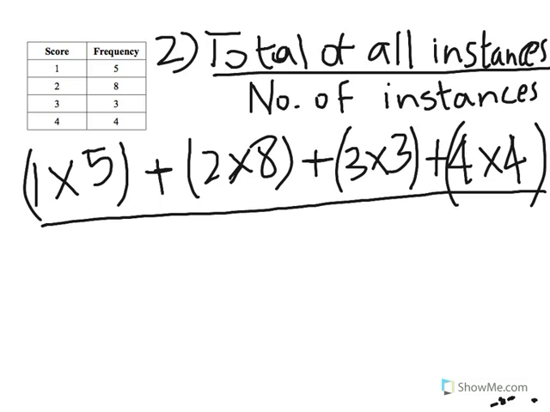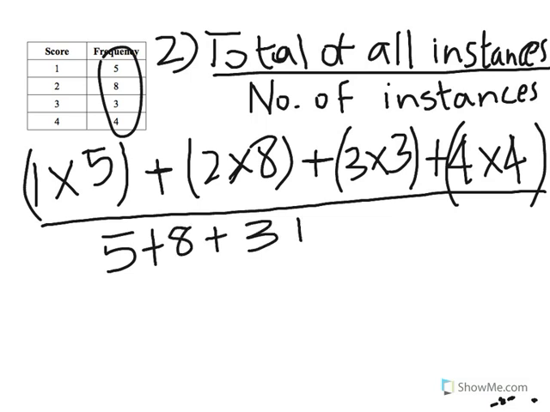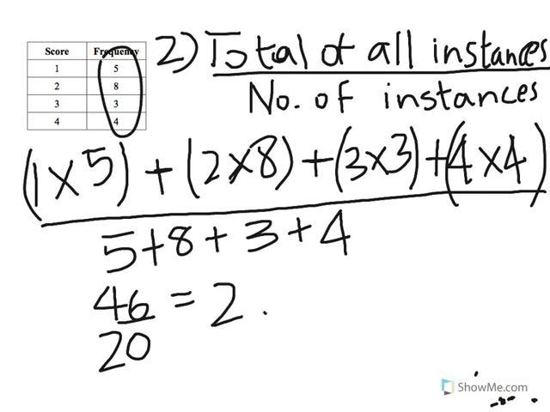And we divide that by the total number of times each score occurs. So what is that? That's nothing but the frequency table. So adding all the frequencies, we get 5 plus 8 plus 3 plus 4. Okay, so simplifying this, we get 46 over 20, which is nothing but a mean of 2.3.